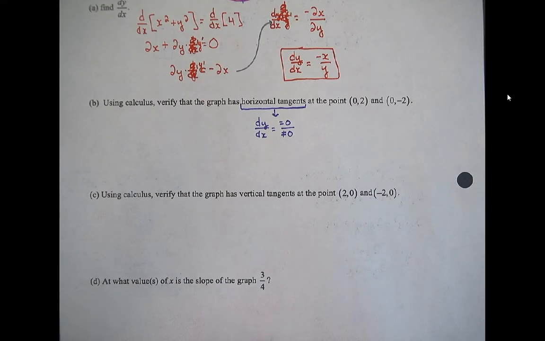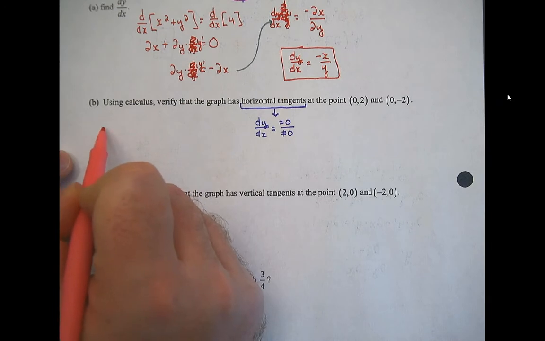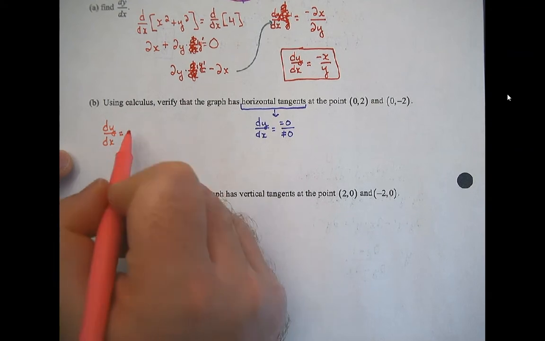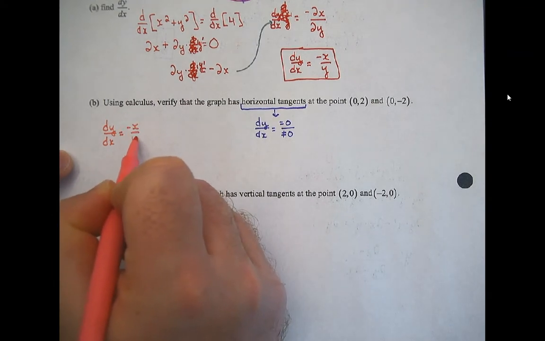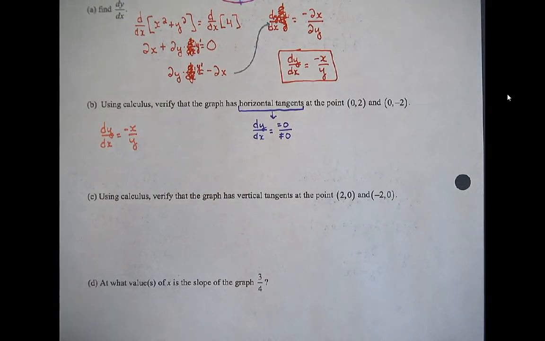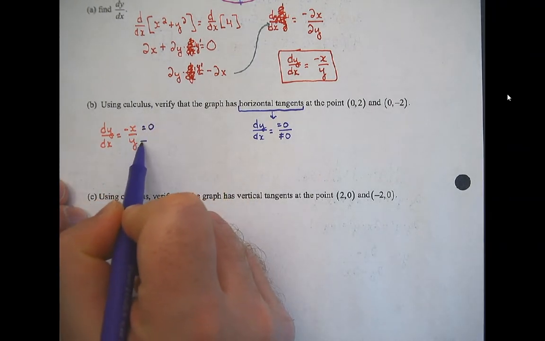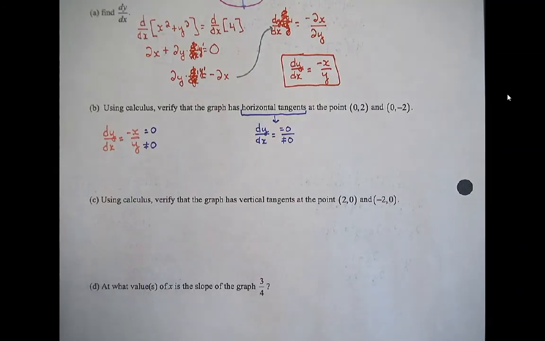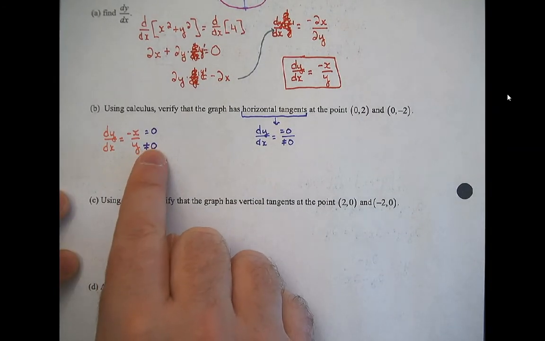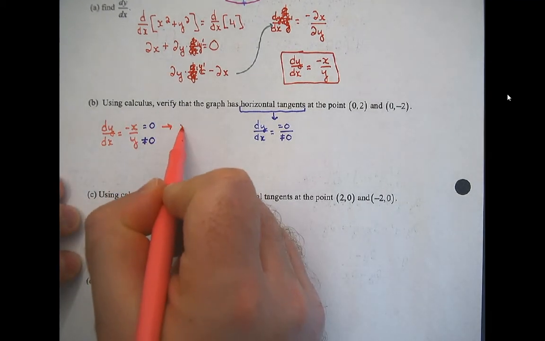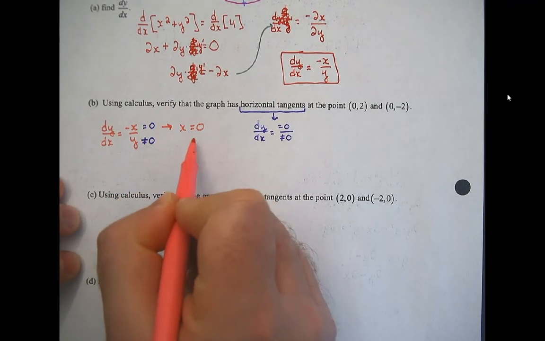We have dy/dx equals negative x over y. We want the top to equal 0 and the bottom to not equal 0. So this is basically telling us that y can't be 0, and this implies that x is equal to 0.